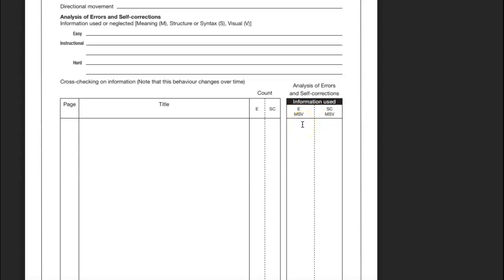It is how the word looks. An example of a visual error would be if the actual text said well, W-E-L-L, but the child said will, W-I-L-L. That would be a visual error.